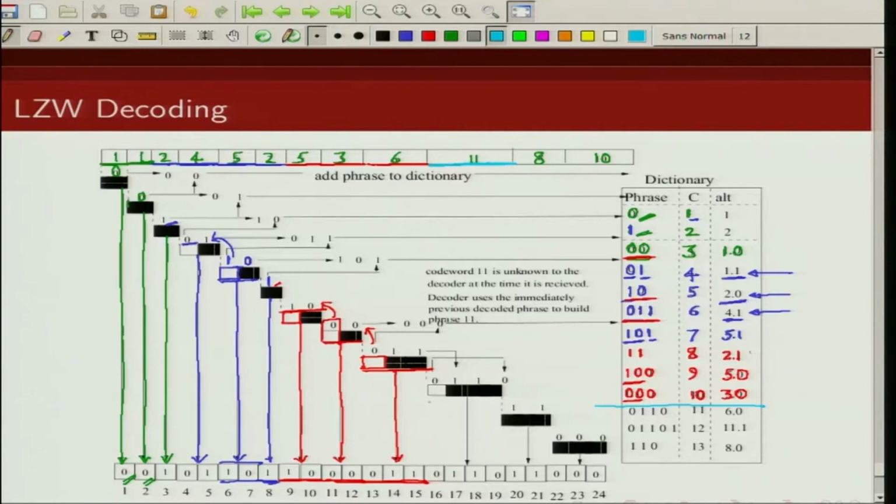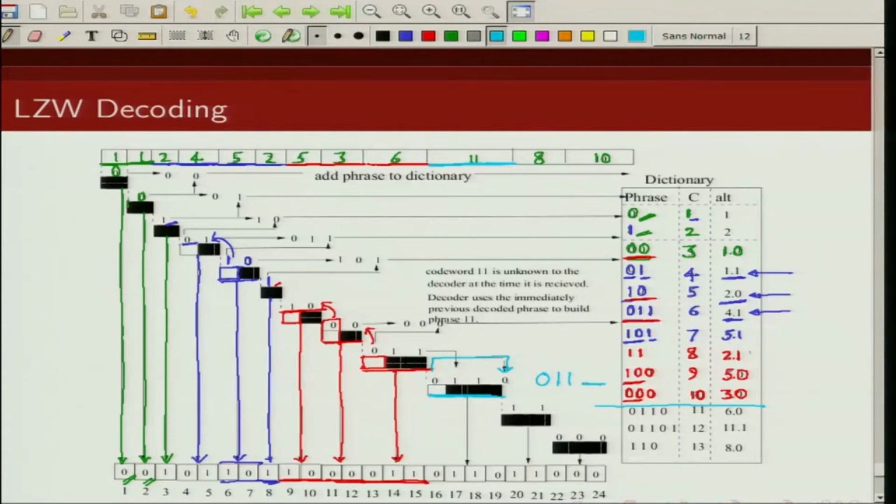So 11 occurs, but 11 is not there in the dictionary. This will happen if a string which has just been added to the dictionary has appeared. So this string 11 would be 011 followed by 0. Now why is it 0110? As I said, this situation happens when a string which has been added to the dictionary has been immediately used. So this entry, code word 11, should be of the form 011 followed by an innovation symbol.